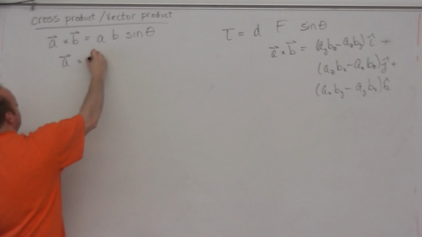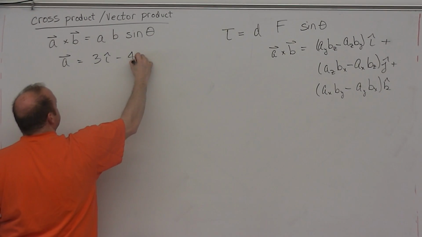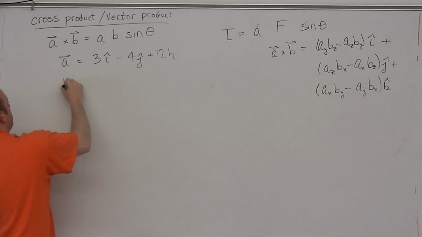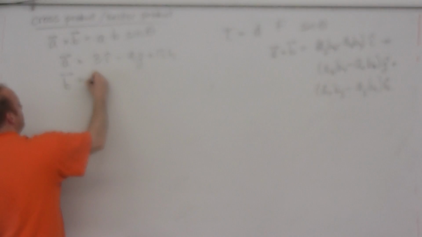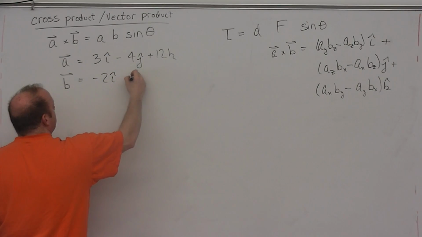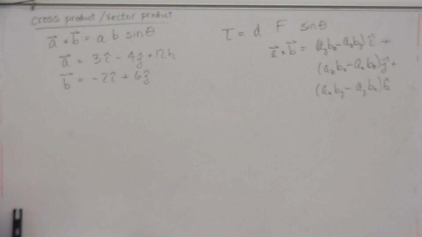So now, A is equal to 3I minus 4J plus 12K. B is equal to negative 2I plus 6J, no K. Okay? That's very important.